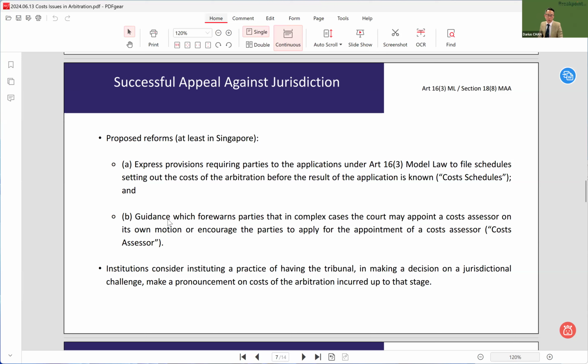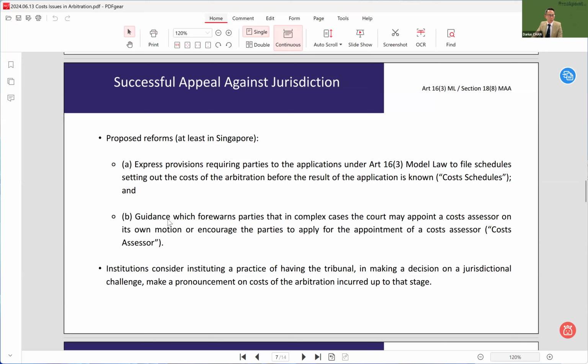Now, some people have also questioned, if you're appointing a cost assessor, why don't we just go back to the tribunal, because the tribunal would have heard the issue of jurisdiction in the first instance. But the Singapore courts have very strong resistance against asking a tribunal to decide the point when it has already decided that the tribunal has no jurisdiction.